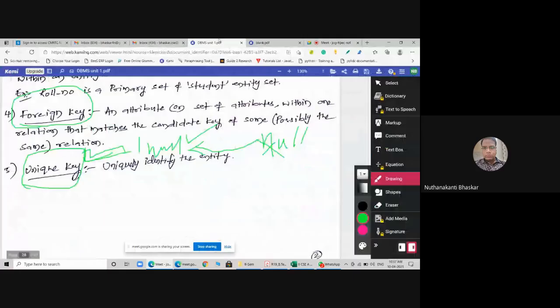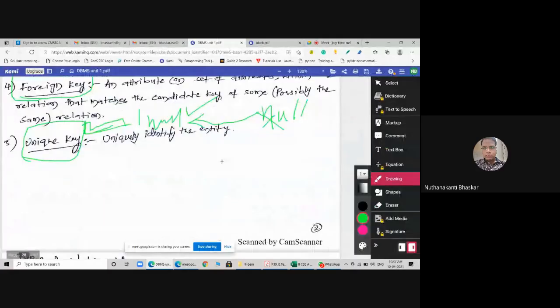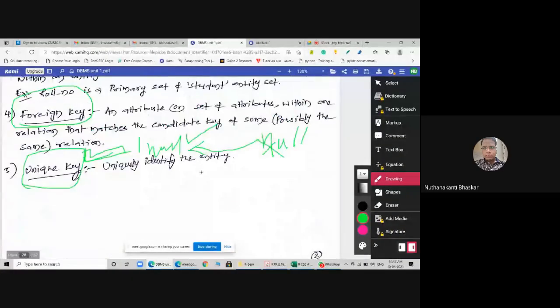Right. So now, when we are providing a relationship between faculty and students, is there any common attribute for both? Because, for example, the faculty is from Mallareddy Institute and the students are from CMR Technical Campus. Is there any chance of a relationship between these two?